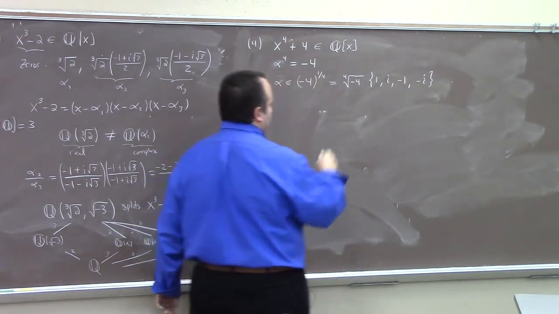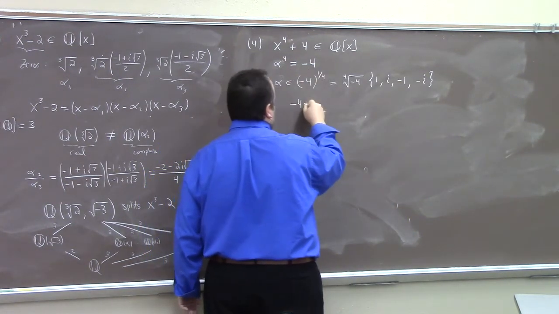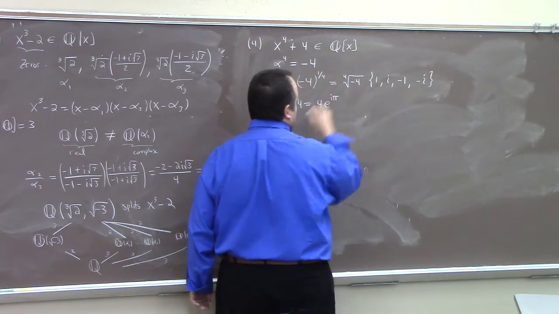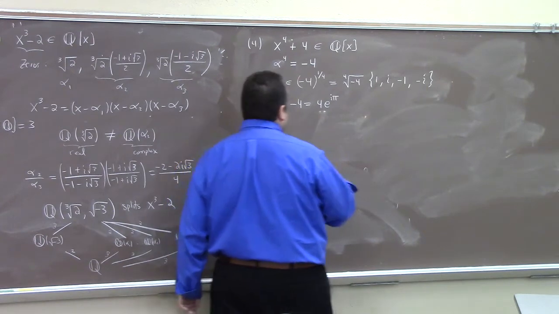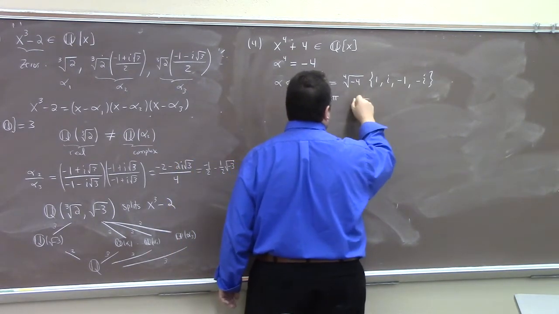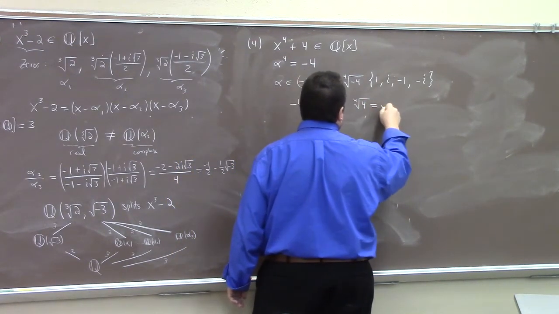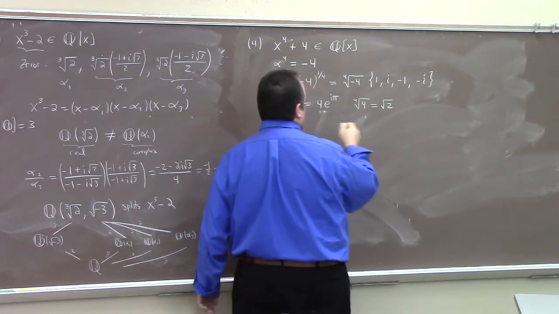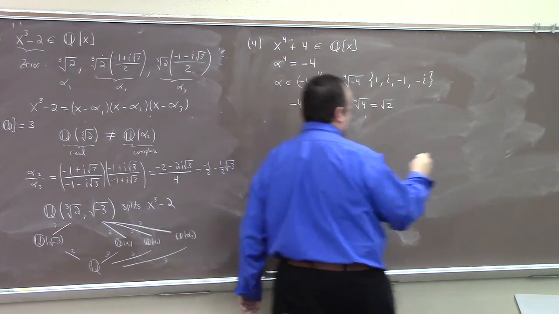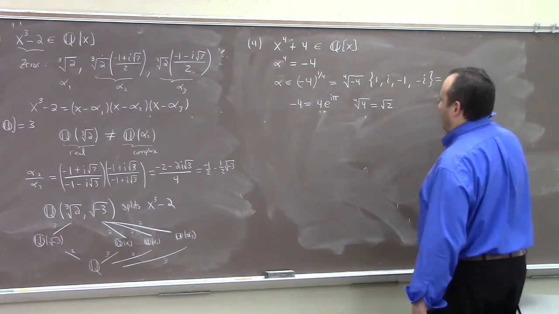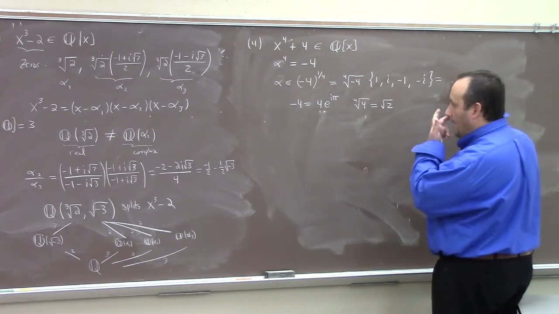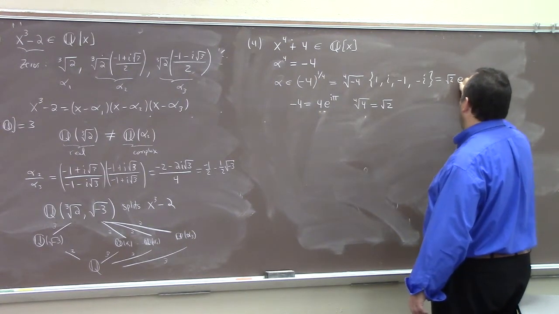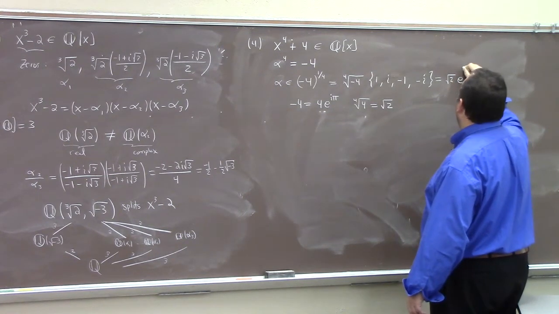Now the minus 4 is equal to 4 e to the i pi, right? So the fourth root of 4, by the way, is the square root of 2. So what we're actually looking at here is the square root of 2 e to the i pi over 4.